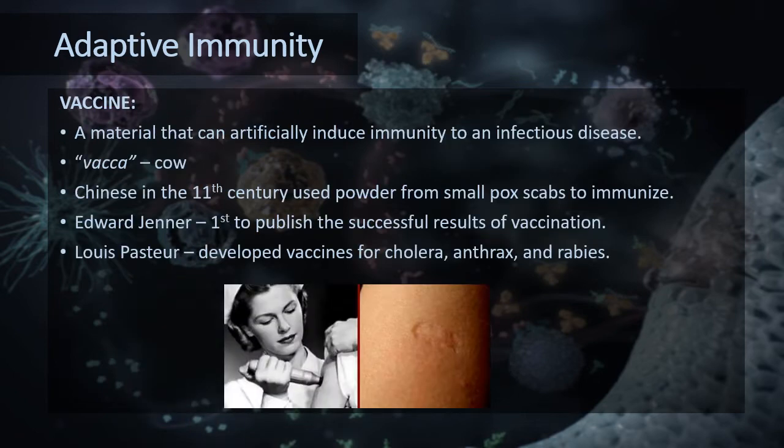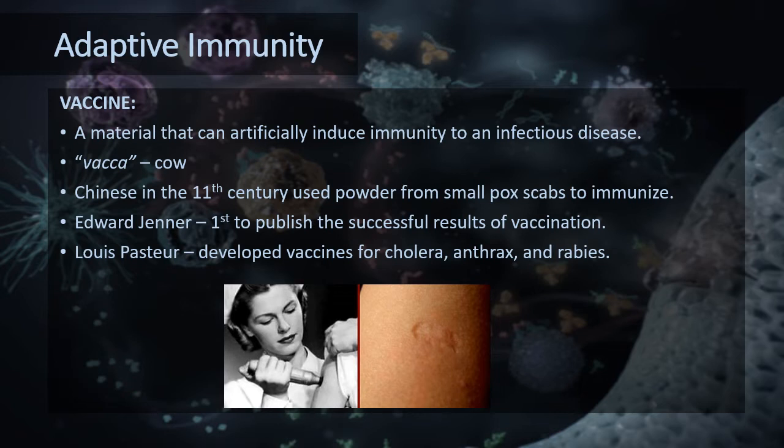In line with the artificial active acquired immunity, we will discuss more about vaccines. So a vaccine is a material that can artificially induce immunity to an infectious disease. This comes from the Latin word vacca, which means cow. This is because the first vaccine was derived from the cowpox lesions to develop immunity against smallpox.